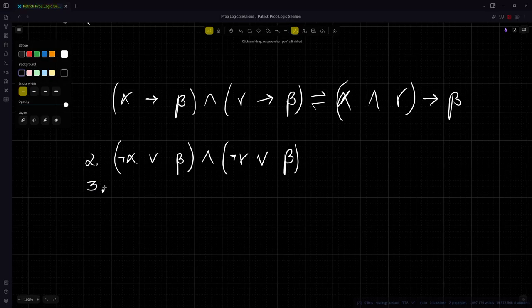So I guess we can take out the beta, right? Using a distribution. So it's like beta or not gamma, and not alpha.